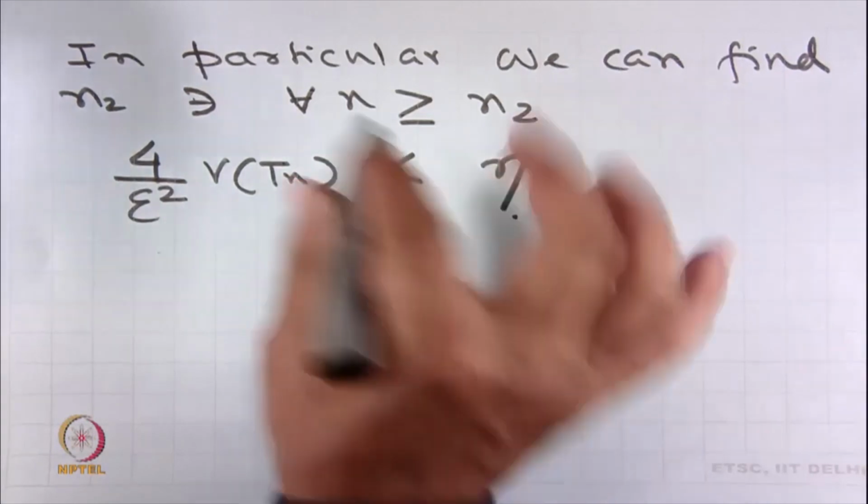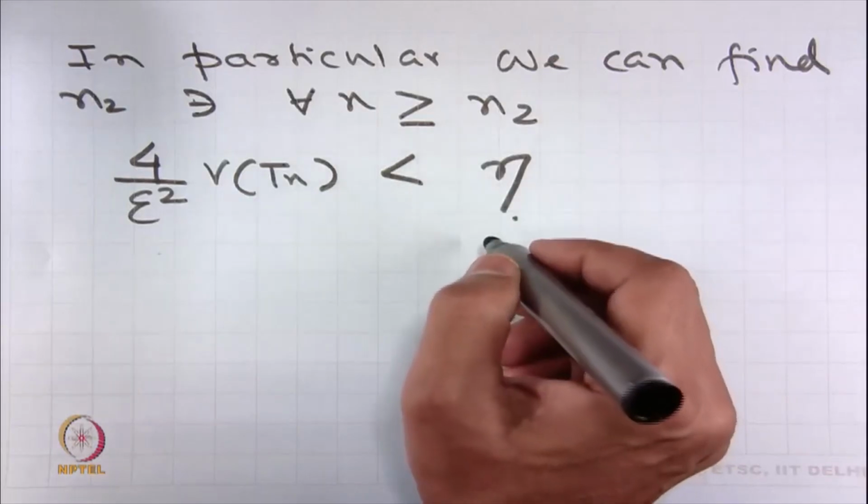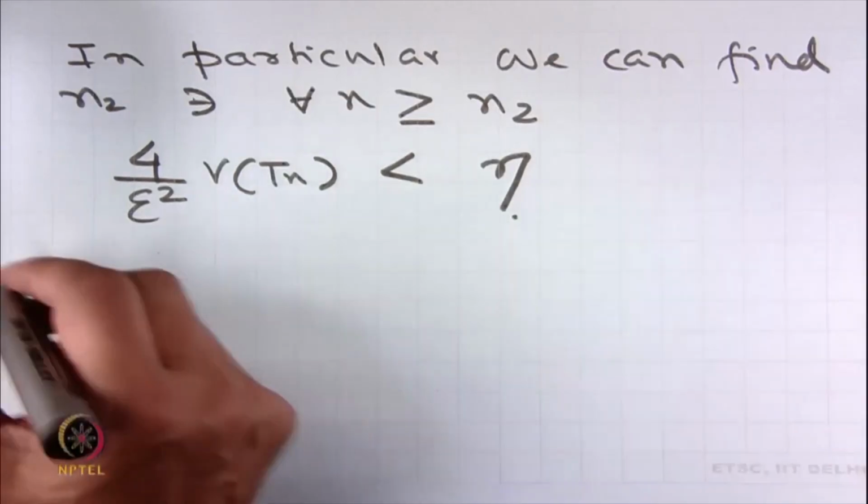This is possible because this quantity is going to 0 and eta is fixed, that is given to us.